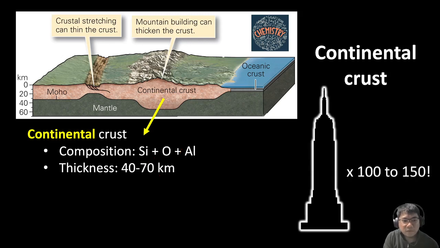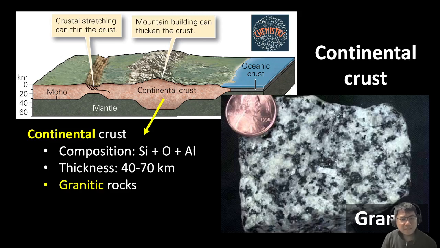And within that 40 to 70 kilometers, you can actually fit about 100 to 150 Empire State Buildings within the continental crust. So it's quite thick. Okay, and what kind of rocks do we have in the continental crust?